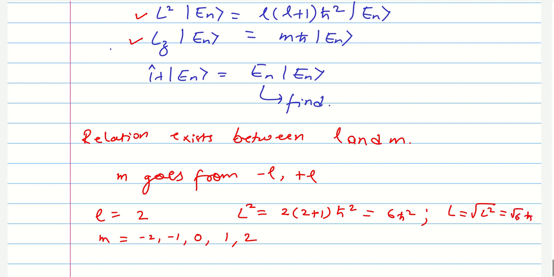So this is the total angular momentum, and z component will be m h cross. So how many possible values are there? 1, 2, 3, 4, 5. So there are 5 possible Z components. So this shows that Z component is quantized. So it can either be minus 2 h cross or minus 1 h cross, it can be 0. So we will discuss these things in detail later on.